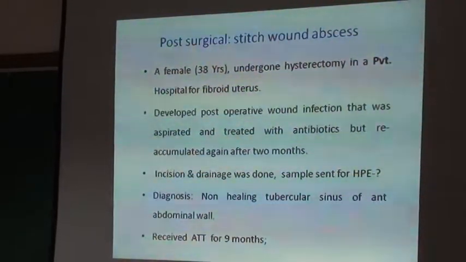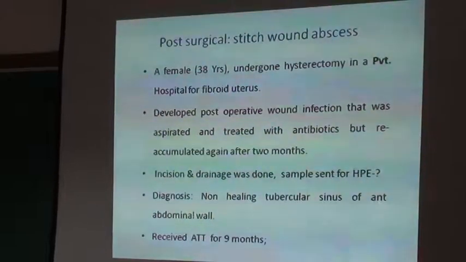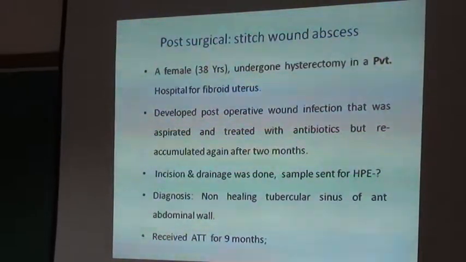Incision and curettage was done, and the sample was sent for histopathological examination, but the diagnosis we didn't know. The diagnosis mentioned on the treatment card was non-healing tuberculous sinus of the anterior abdominal wall.